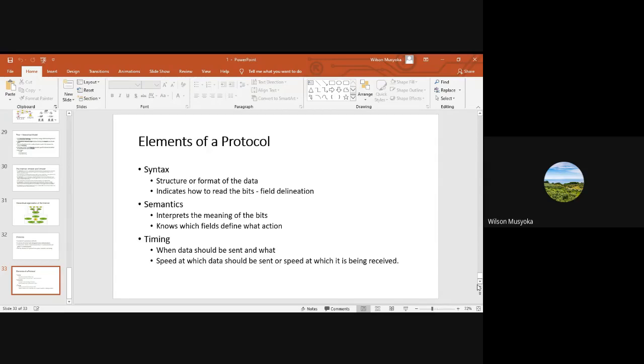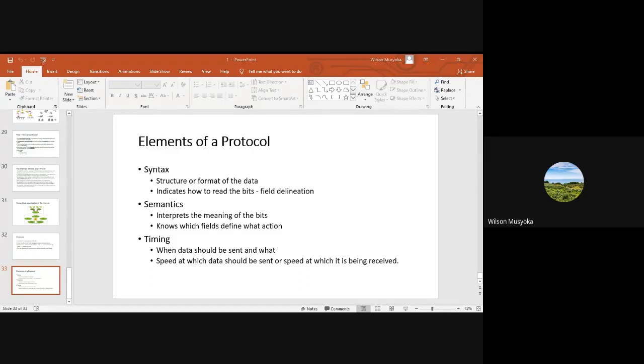You could be on your machine transmitting at 100 megabits per second, but the receiver node is receiving at 10 megabits per second. So what will happen in that case? You need to do synchronization, and timing is synonymous with synchronization, making sure that this information is delivered at the speed at which the receiver can take it. If not, then it will be corrupted.